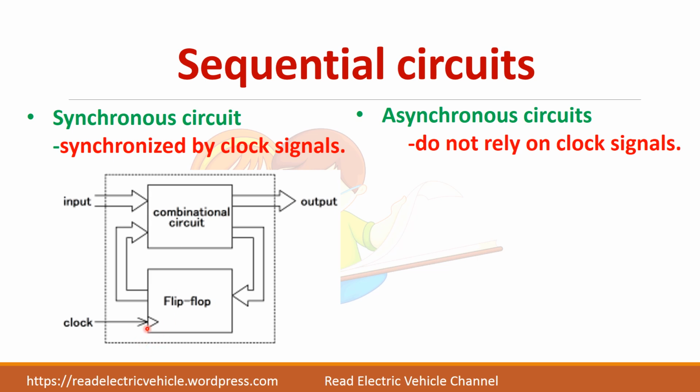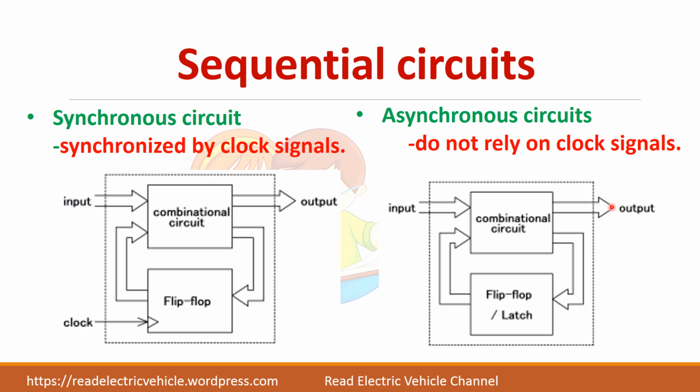Till then it will not change the output. So this is called a synchronous sequential circuit. The output is synchronized by the clock signal. In an asynchronous sequential circuit, there is no clock signal. Whenever the input changes, the output will change. These two types of circuits we can learn when we go through the sequential circuit.